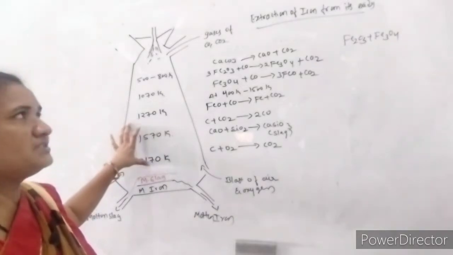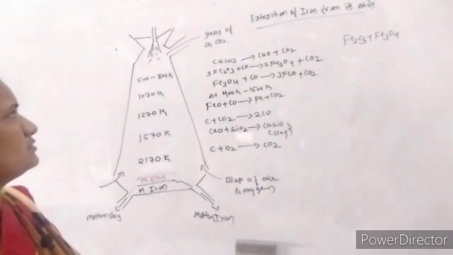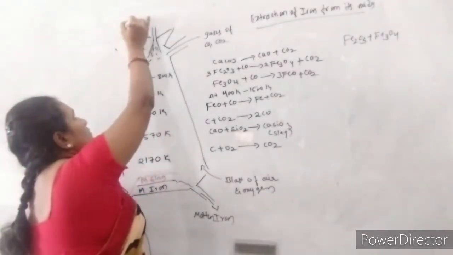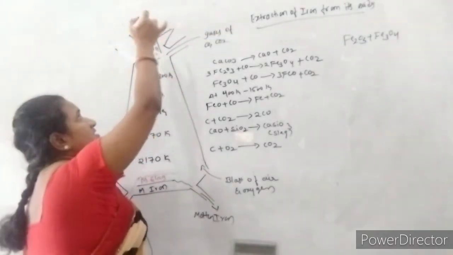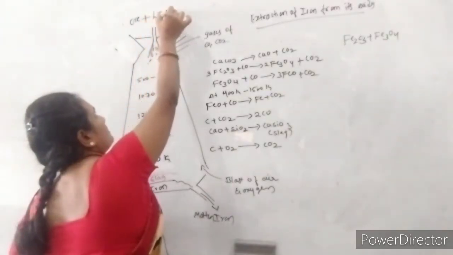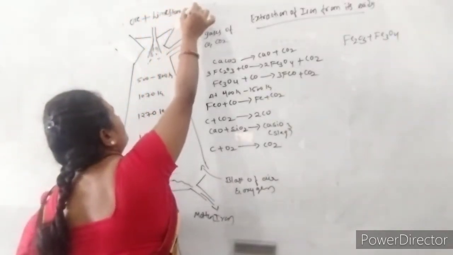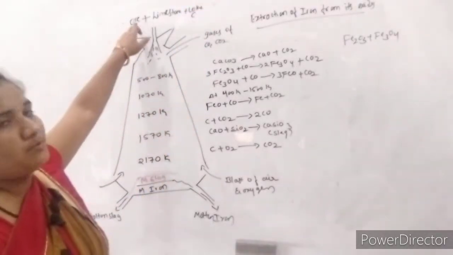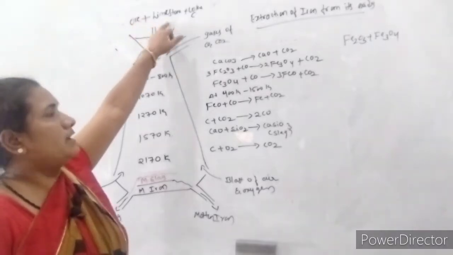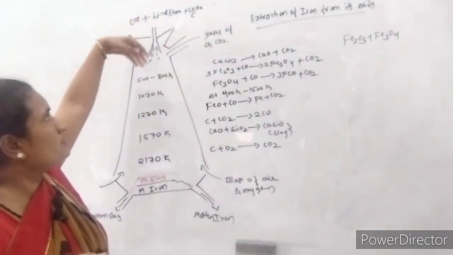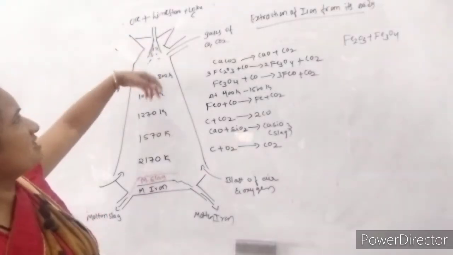Then, after calcination, we use the blast furnace for the extraction of iron. So after calcination we take that ore, that is hematite, with limestone and with coke, which is nothing but carbon. We mix the calcinated ore, limestone and coke with each other, then put it in the blast furnace.